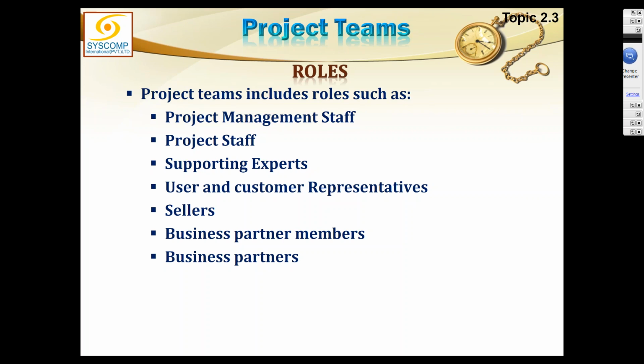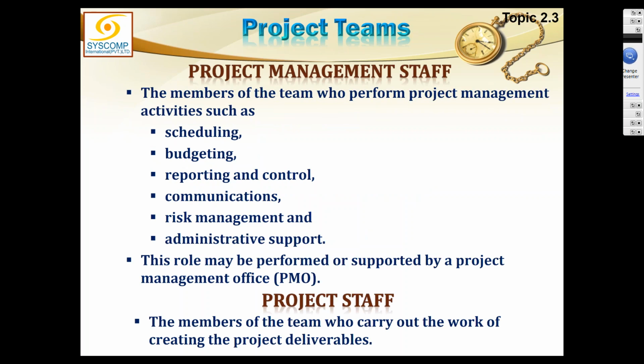For example, you have some supporting experts, subject matter experts, some users and customer representatives on and off coming in and working with you on the project. Then you have the subcontractors or sellers or business partners for that matter. So all these roles you will be interacting with on and off throughout the life of the project.